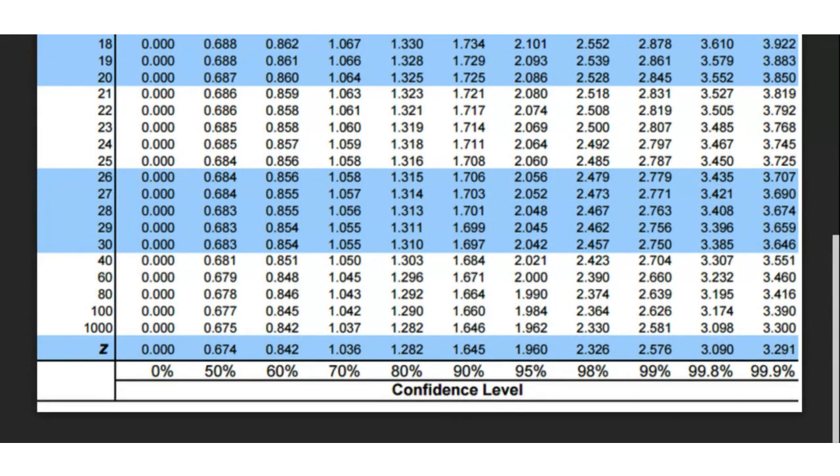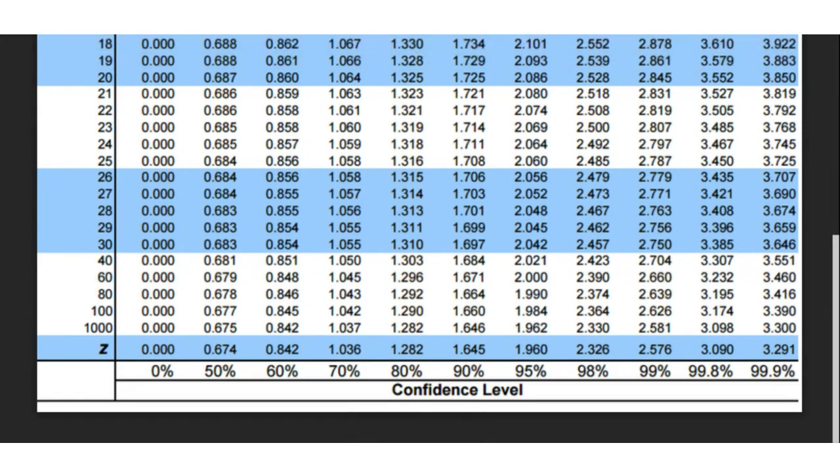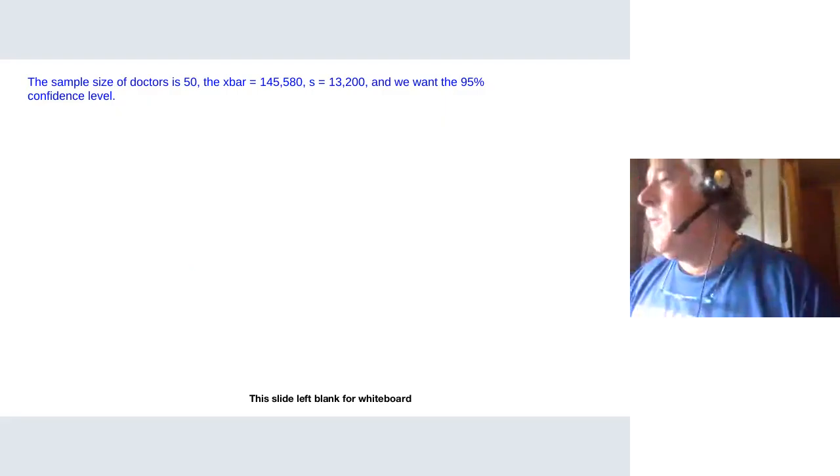So we're going to go down to 40, and we're going to use 2.021 as our critical value. Not 1.96, but 2.021. And that makes sense because it's based upon sample size, so it's a little bit larger than the critical value if we were using the Z, if it were a perfect world, because it's not a perfect world.